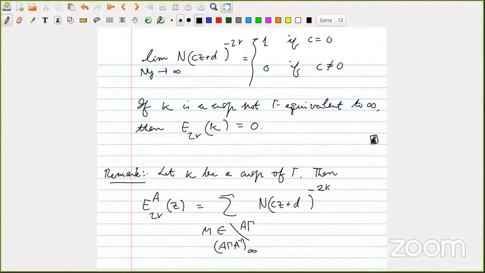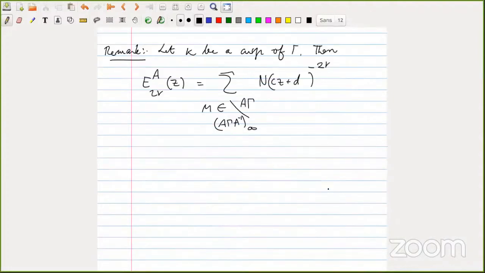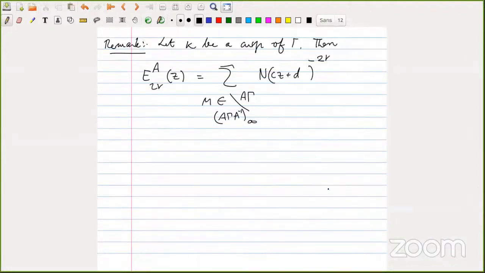Chandrakant, summing over the quotient is also invariant, right, just like summing over the group? Yes, because we have removed the stabilizer, we don't want the point at infinity to be repeated again and again when we take the sum, the value at that point. Okay, thank you.